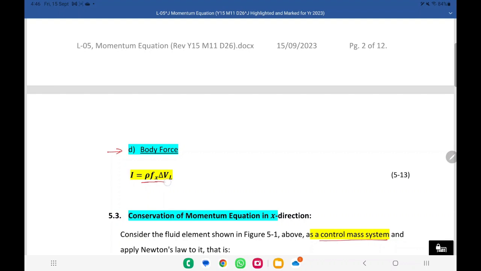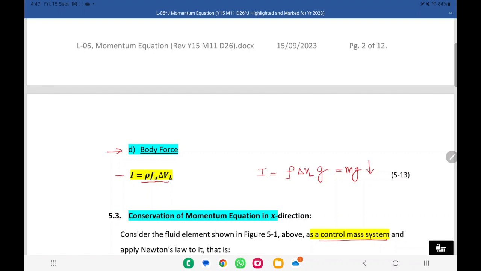So rho into delta VL is the mass, you multiply by Fx, you get the body force, it is taken as i. Now normally it will be equal to rho delta VL into g, gravity, or you can write it equal to mg, and it will be in this direction.